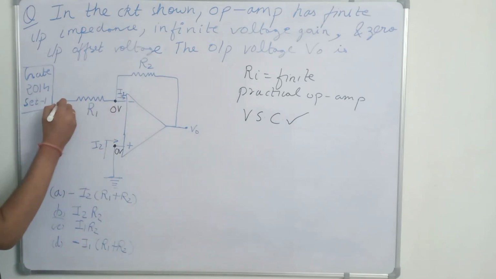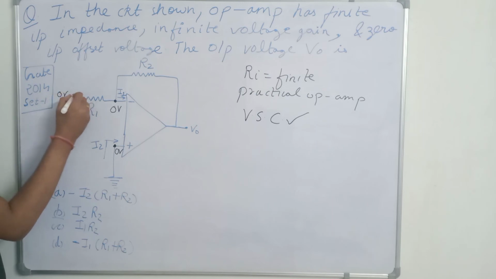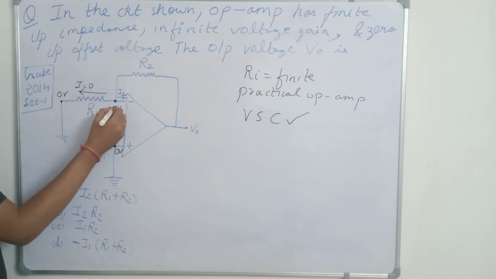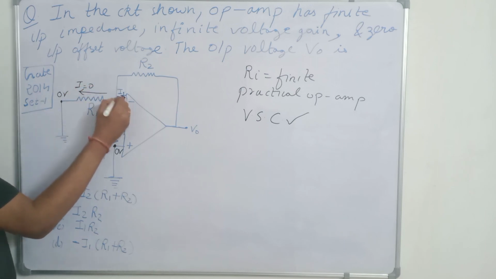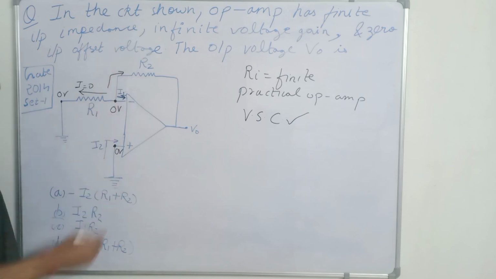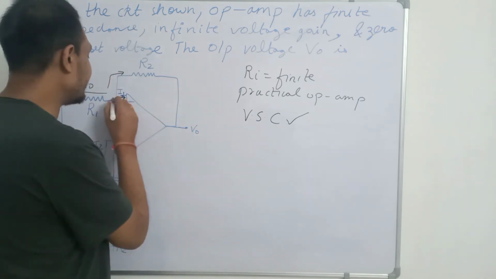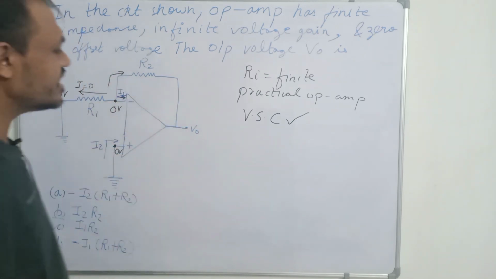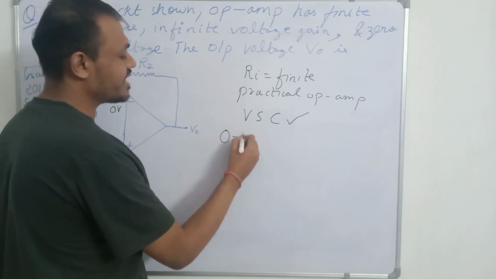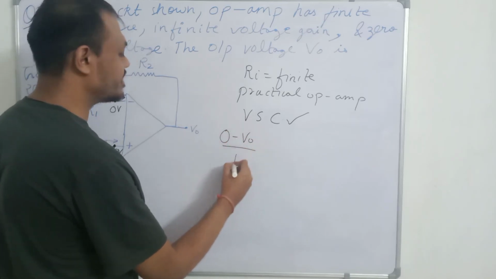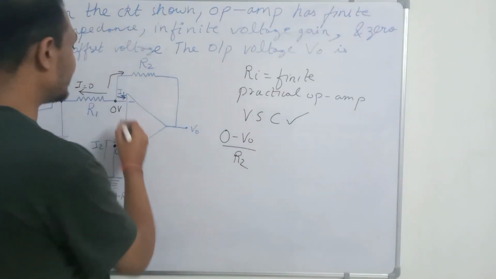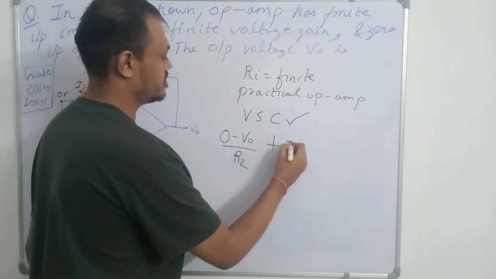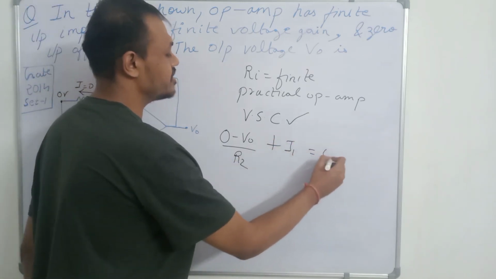This voltage is 0 volt, this voltage is also 0 volt, so there will not be any current flowing in this direction. This current is 0. Only the current I1 is flowing inside the op amp. So the current from 0 volt to the output voltage is (0 minus V0) upon R2, plus I1 is equal to 0.